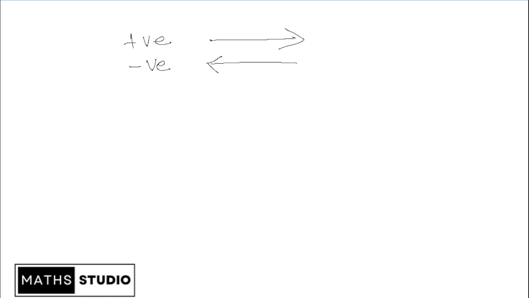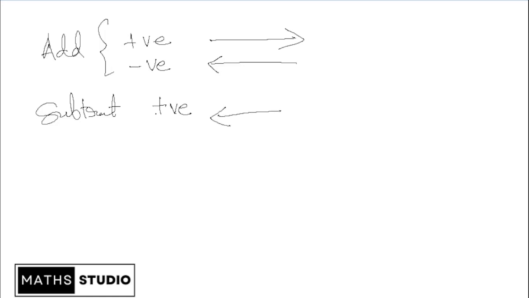That means we'll move to the left. Now this is when we add. When we subtract, then what happens? If we subtract a positive number, then what happens? It moves to the left. And if we subtract a negative number, then the number system moves to the right.